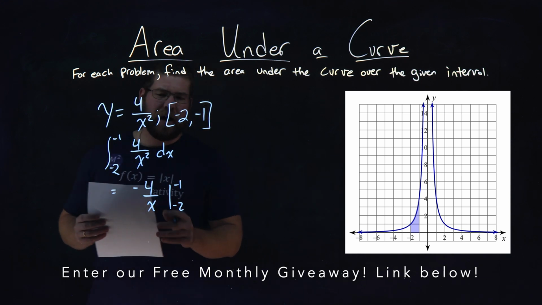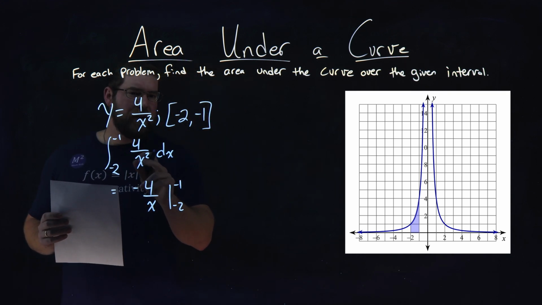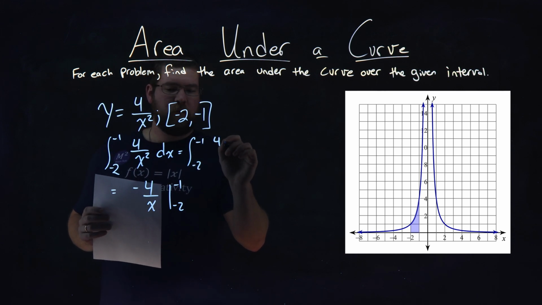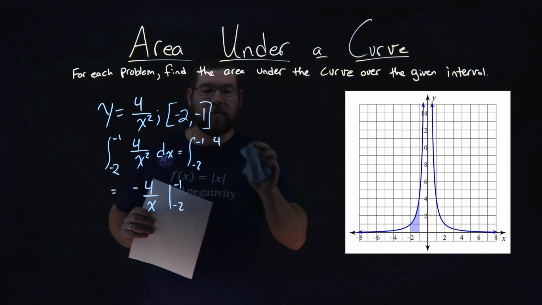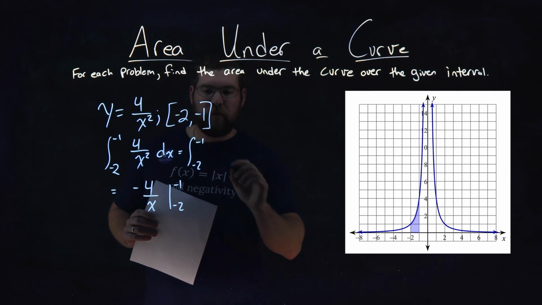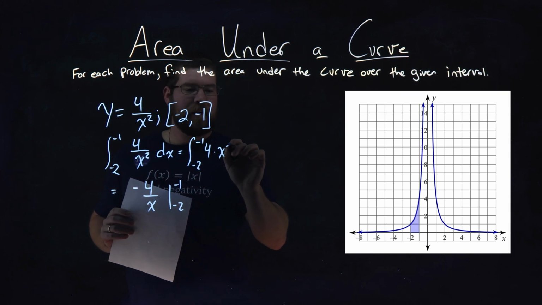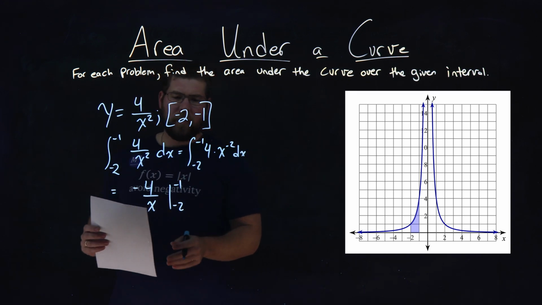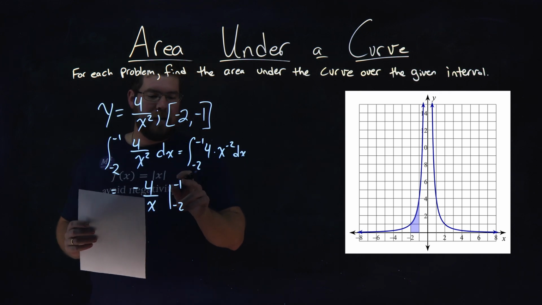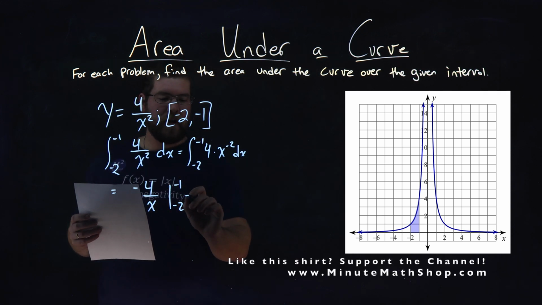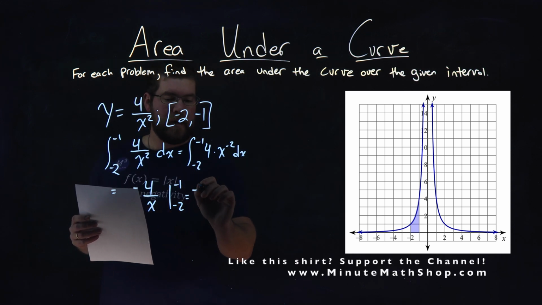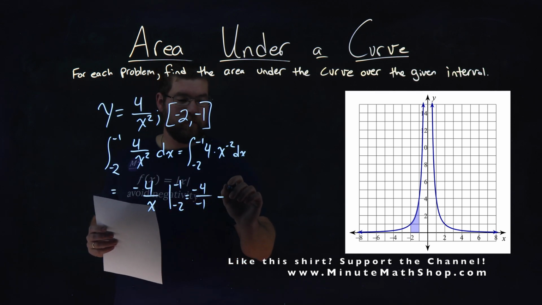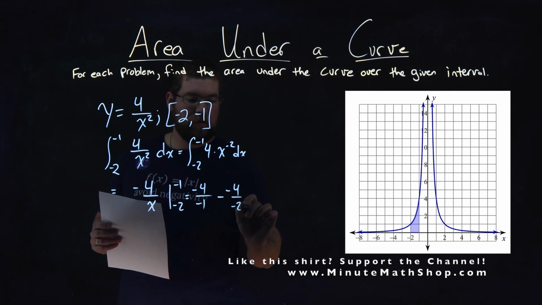If you need help sometimes with x squared right here, I like to rewrite this problem to help me visualize it: 4 times x to the -2 power dx, and that might make it easier to see that transition here. Either way, we have to integrate now from -2 to -1, so we plug in -1 for x first. -4 over -1 minus, when we plug in -2 for x, -4 over -2.